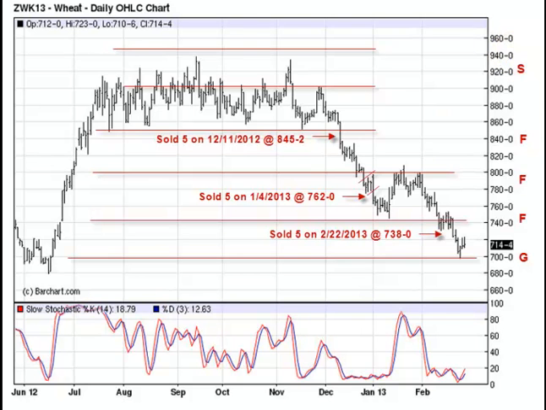You could take your stop here and bring it down and tighten it up. And if the market bounces up, you could just get stopped out of all your contracts. Or you could do what we did and just take a back seat and give it a few more days and see how the market goes. And that's what we did.